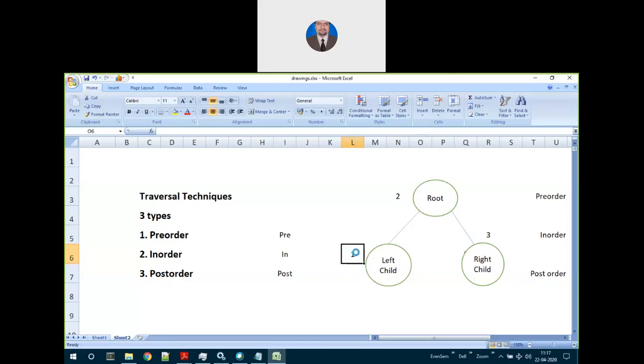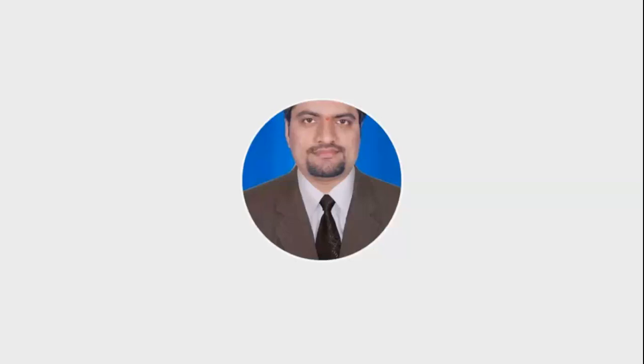Now the third traversal technique is post-order. Post again is applicable to the parent or the root. So this root we have to visit at the end, in the sense that after I visit the left child and the right child, then I should visit the root.